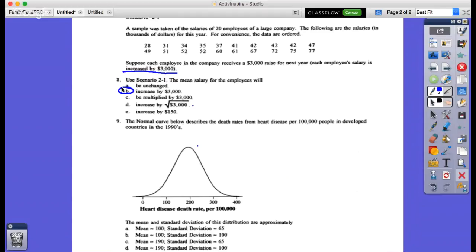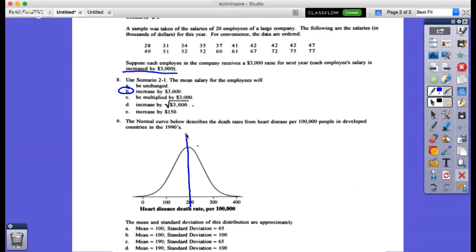So when we go to, let's say, number 9, it says the normal curve below describes the death rates from heart disease per 100,000 people. The mean and standard deviation of this distribution are approximately what? Well, the mean's pretty easy, I think, right? What's the mean? I think 190 based upon the answers that they gave. It looks really like 200, but if they said 190, those are the ones that are closest there.